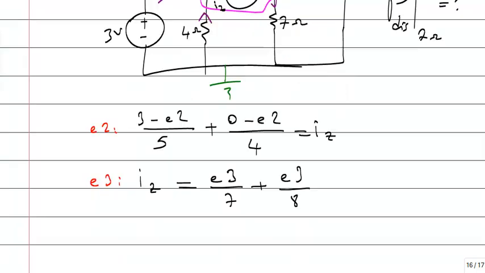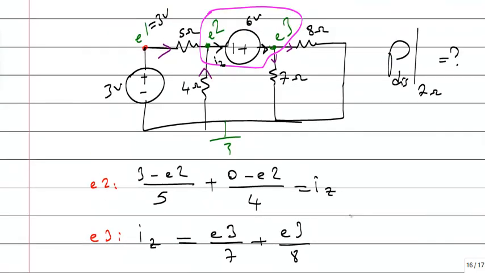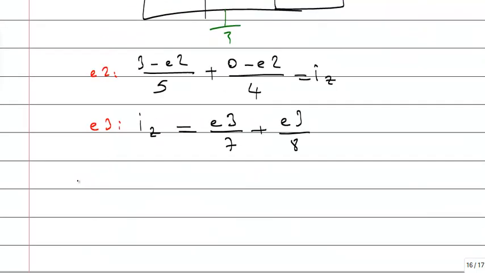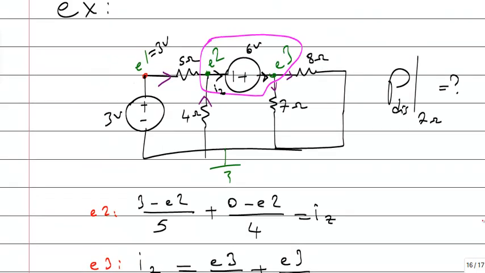Okay, but there are 3 unknowns. You need one more equation. Okay, look, E2, E3 and IZ. You have 3 equations. So the other equation is this. That's called the supernode equation. Okay. Vy. What's Vy?